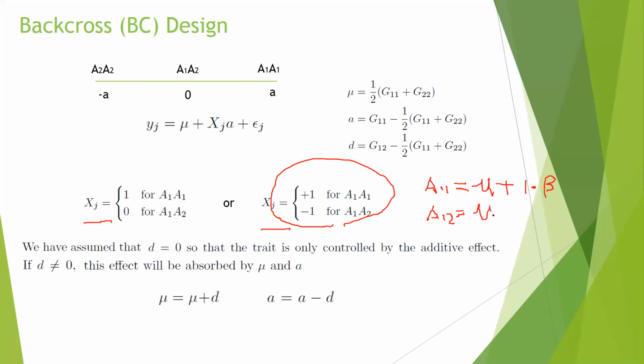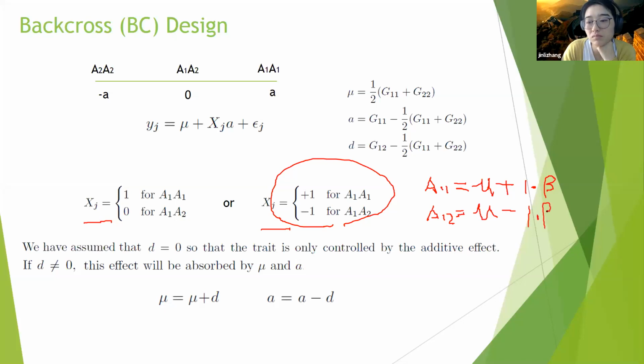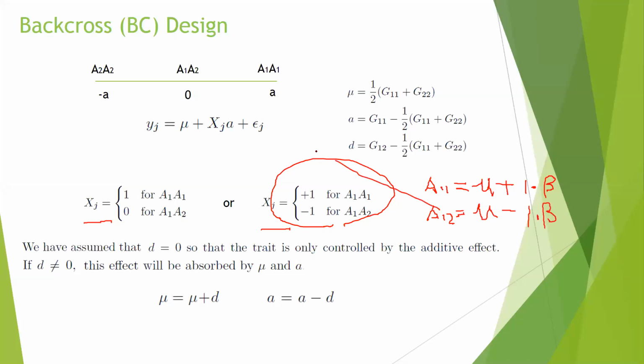Can anyone tell me? Minus beta, yes. So if you use this model to calculate this, beta is equal to 1/2 A, the same thing.